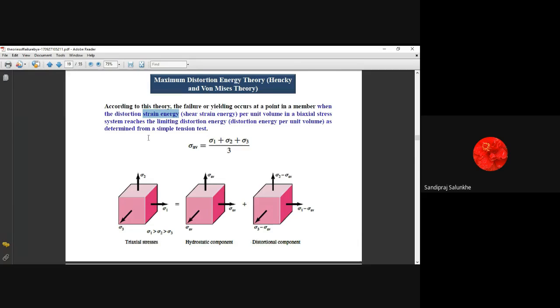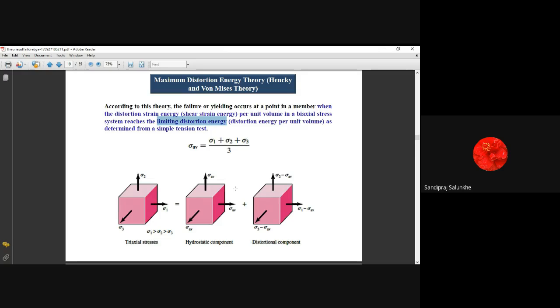That's why it is strain energy, and if this strain energy is broken or distorted, then we say the part has failed. So it may be shear strain energy, it may be tensile strain energy, per unit volume of the biaxial stress system. Per unit volume means it is volumetric strain we are going to measure. This is applied for the three-dimensional case, that's why it is a volumetric formula. And if they reach the limiting value, then distortion is going to take place, failure is going to take place.